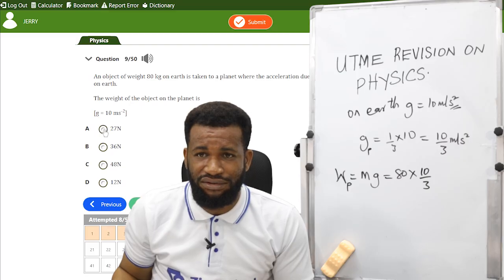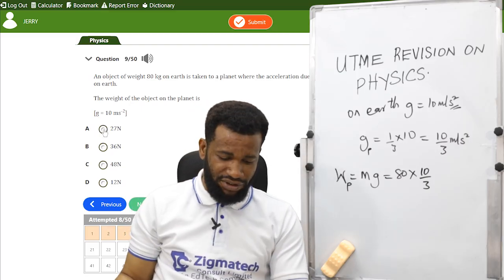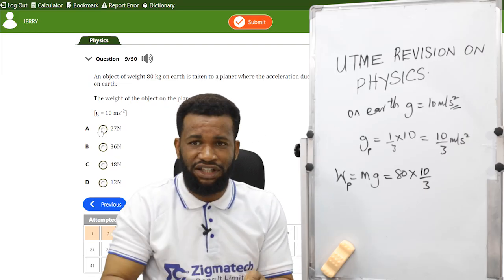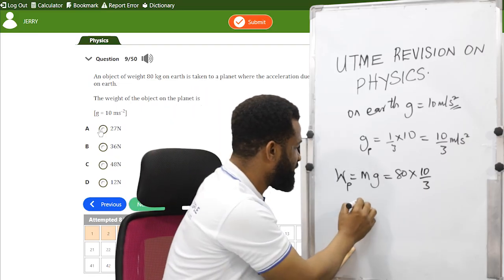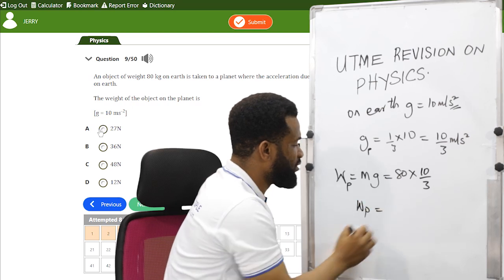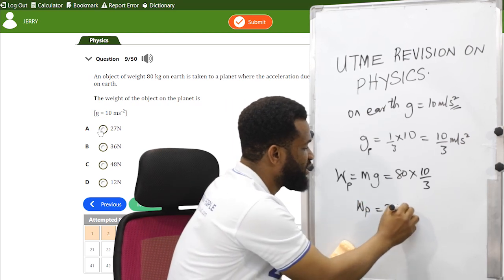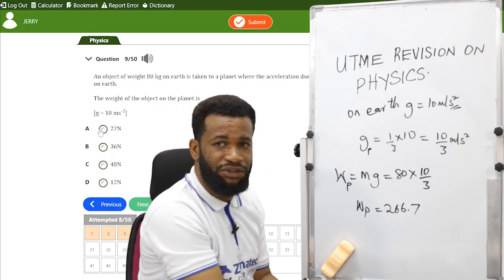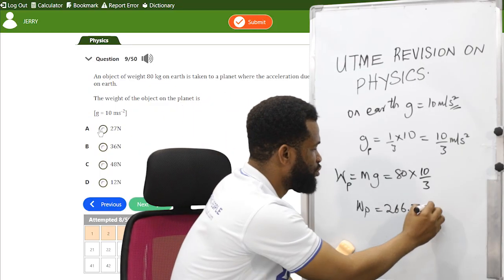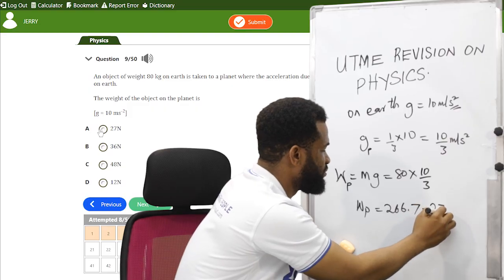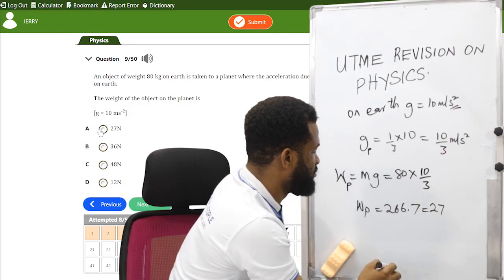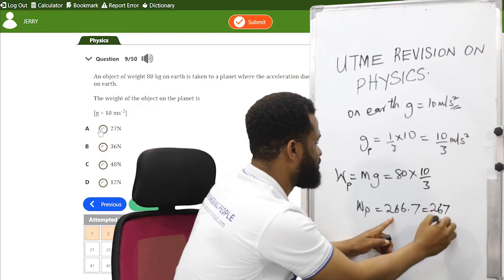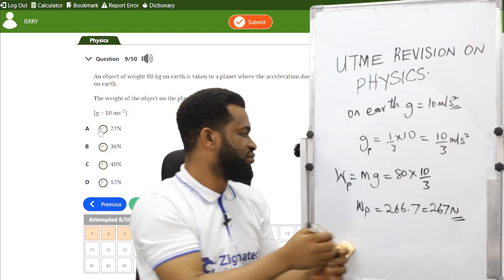Because, yes, you are going to assume that it's 27, because at this point I have 266.7. So apparently the option was expected to be the weight of the planet on that place is going to be 266.7. I'm sure that may be a mistake of the option, so it should have been 267 Newton.